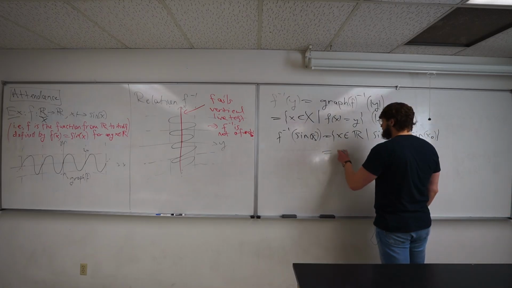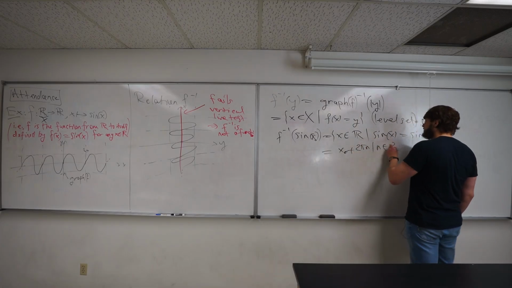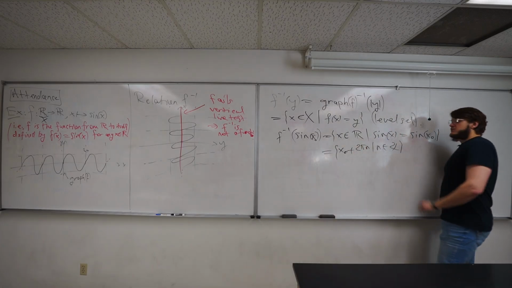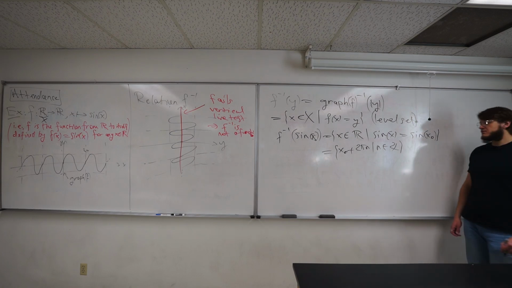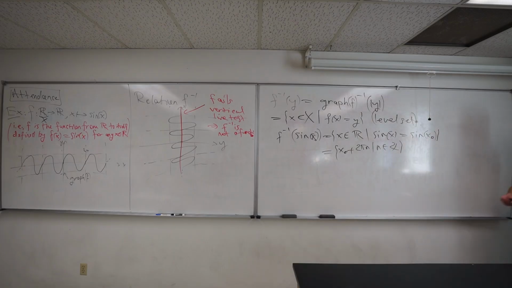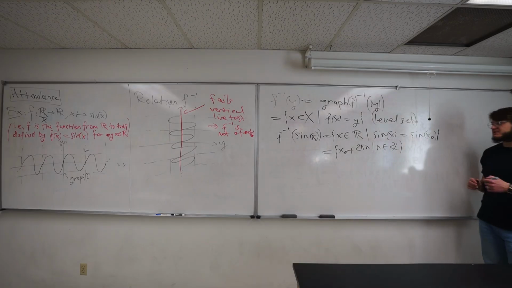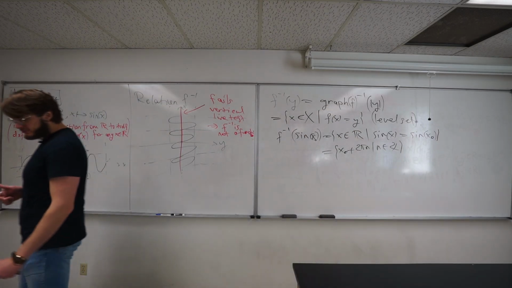You can write it like so as well: x0 plus 2 pi n such that n is in the integers. This is probably a lot more useful an expression, but this is a perfectly valid way of writing things. Any comments or questions about this?